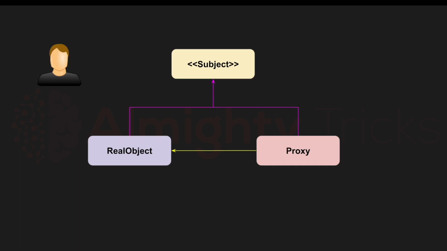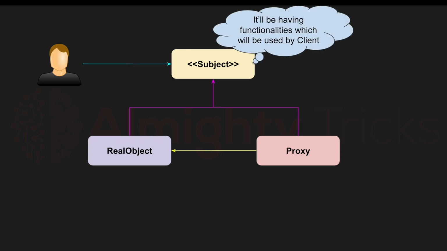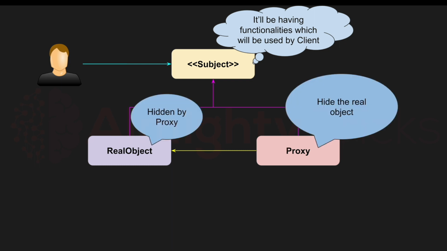We will have one client who is communicating with this interface. The subject will have all the methods with functionalities, and those methods can be implemented in the real object and the proxy. The real object will be hidden by the proxy, and the proxy provides the interface for the user to communicate.